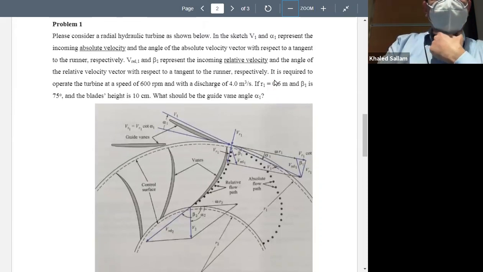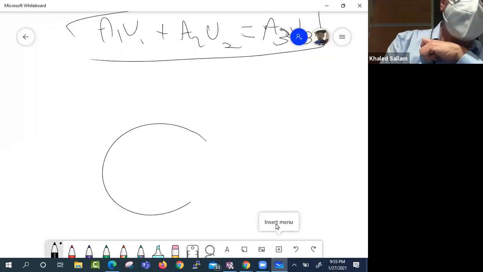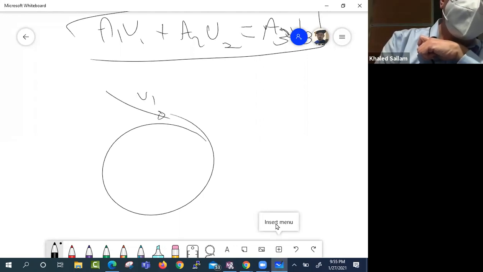It's required to operate at 600 RPM at a discharge of 4 meter cubed per second. So he gave us the flow rate and the omega, and he's asking us for the angle. The way to think about this problem is you have to plot that velocity diagram. And that velocity diagram has V1 coming like this with an angle alpha, but it also has U1 and V relative 1.